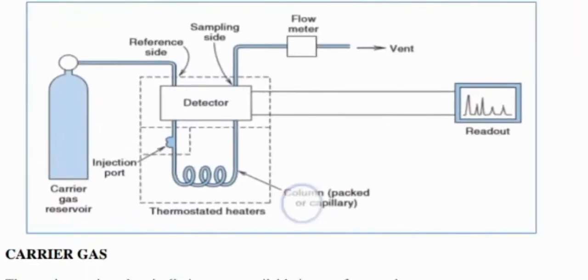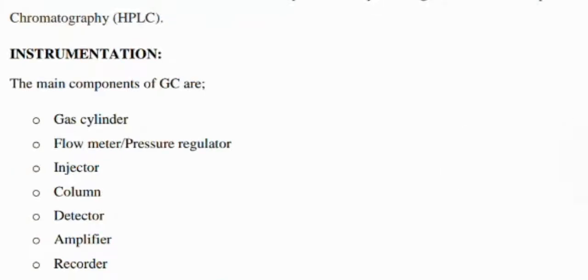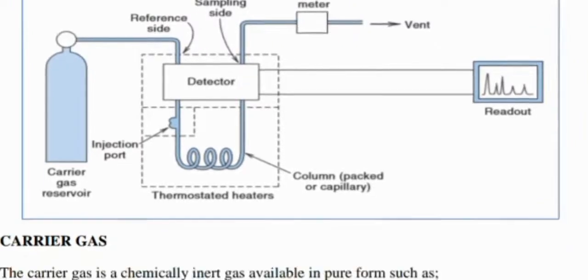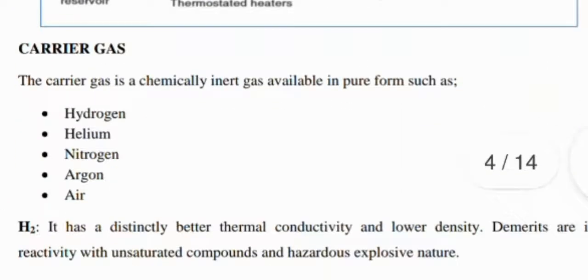Further, we have the instrumentation of gas chromatography. Its main components include the gas cylinder, flow meter, pressure regulator, injector, column, detector, amplifier, recorder, and many other things. This one is the diagram of the gas chromatography. Now we will see the details of the components one by one.